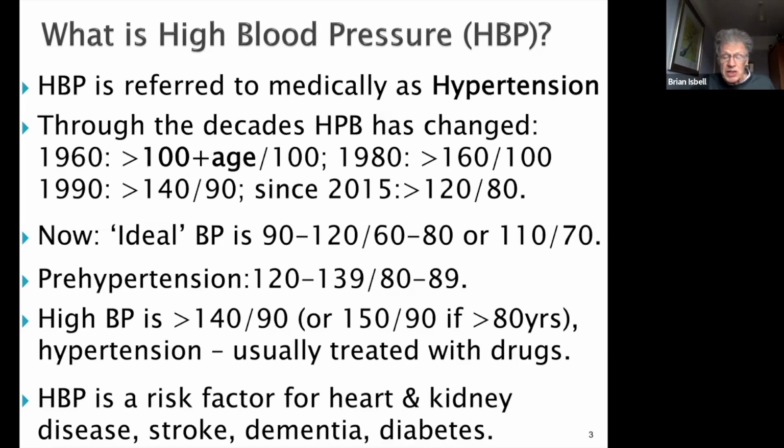There are serious risks, though, from high blood pressure. Risk factors to the heart and the kidney, and for kidney disease, stroke, dementia, and diabetes. So yes, there are definite risks, but risks really, as we're saying, for clearly high blood pressure.